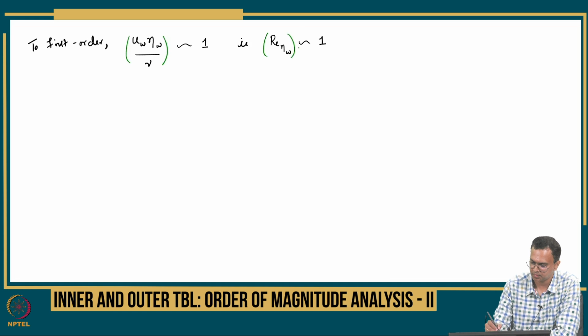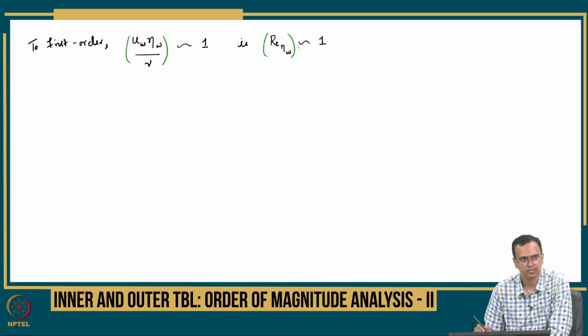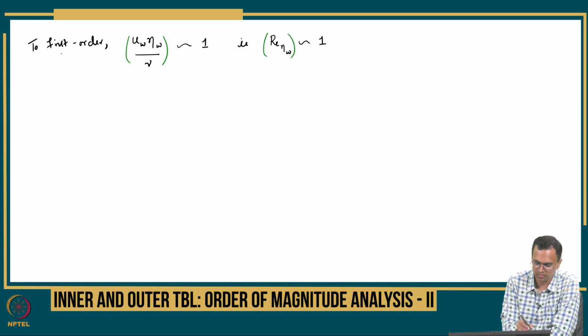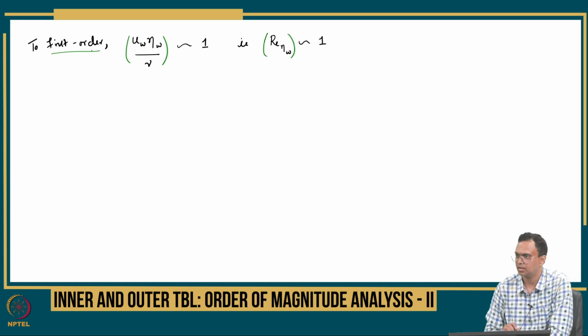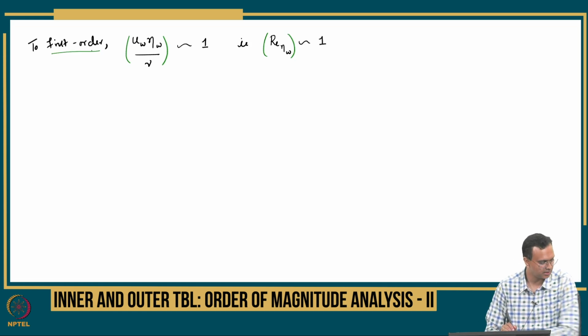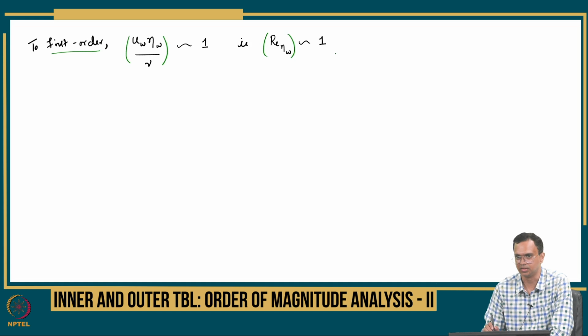Okay. This is what we have achieved to first order inside, and the equation that is balancing, the inner equation that we have, is the largest turbulence term balancing the largest viscous term. Okay. So we will revisit this and then look at whether there are more layers inside, because the pressure term we have to see whether that will also play a role. So we will revisit in the next class.